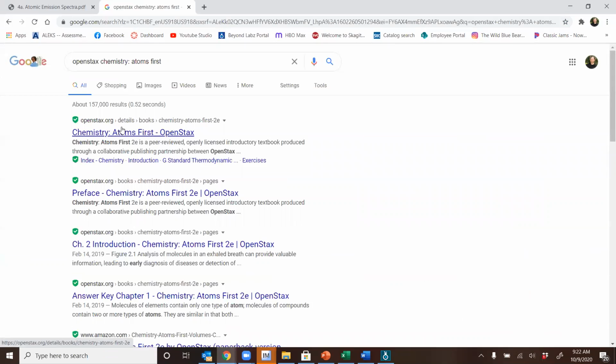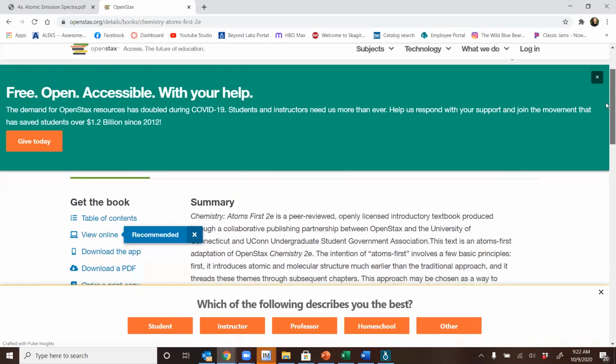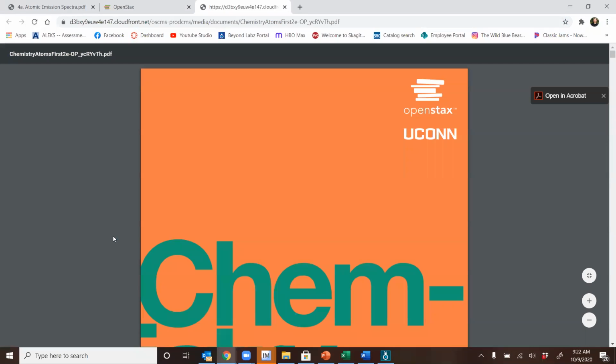There we go, Chemistry Atoms First. And the cool thing is, you may not even have to log in. You should be able to just download a PDF of the entire book. All right, so that is a textbook that you can use to prepare.